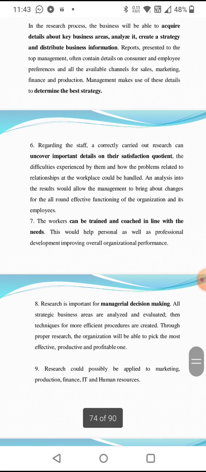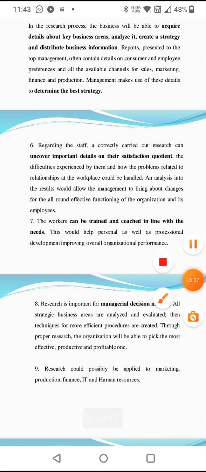Next is regarding the staff. A correctly carried out research can uncover important details on their satisfaction quotient, the difficulties experienced by them, and how the problems related to relationships at the workplace could be handled. An analysis of the results would allow the management to bring about changes for the all-round effective functioning of the organization and its employees.